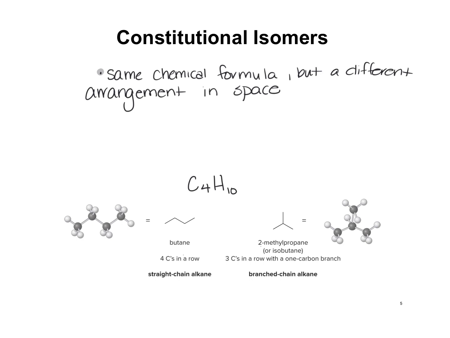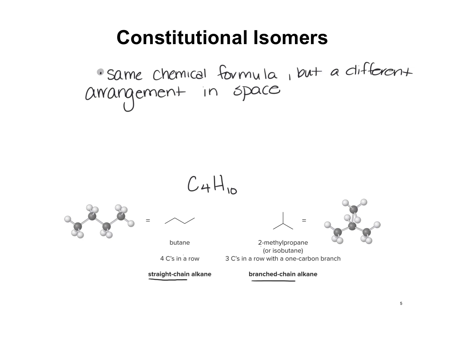I want you to notice that we use the term straight chain alkane for when we have a straight chain like this, and then we use the name branch chain alkane for when there is a branch off of it. Kind of like if you think about a tree, those are the branches in the tree.